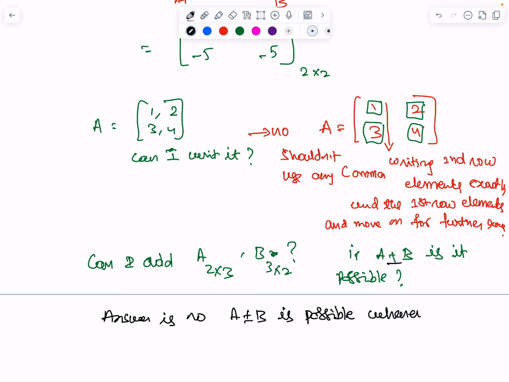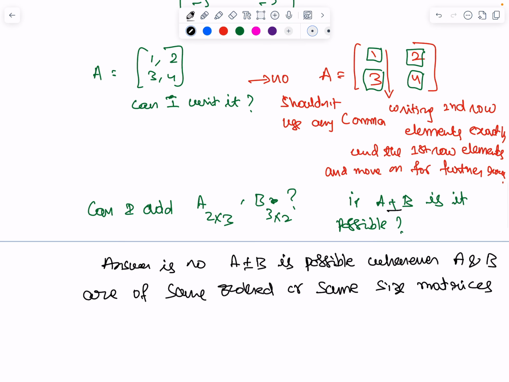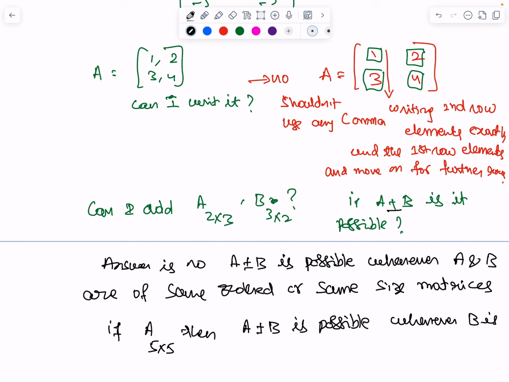A plus or minus B is possible whenever A and B are of the same order or same size matrices. That is, if A is a 5 by 5 matrix, then A plus or minus B is possible whenever B is also a 5 by 5 matrix.